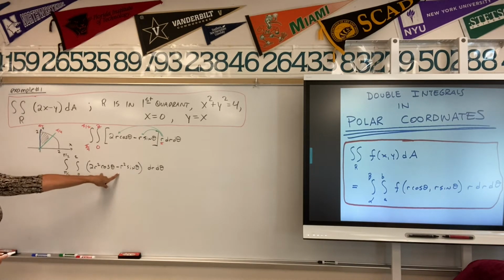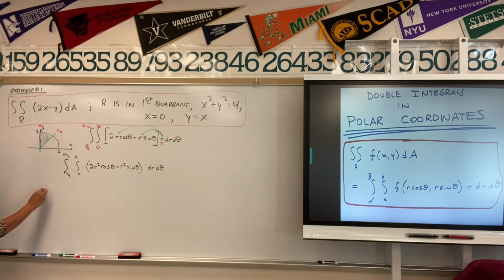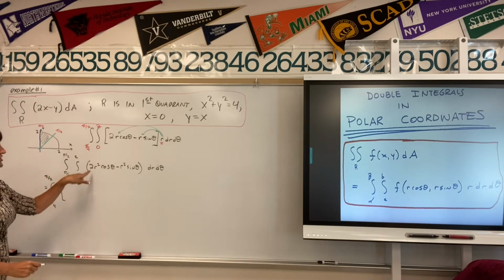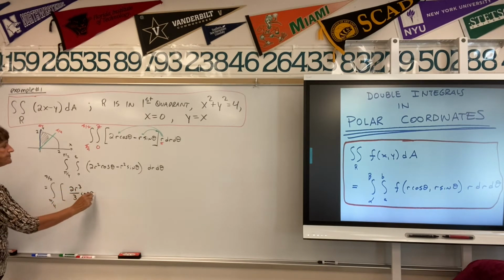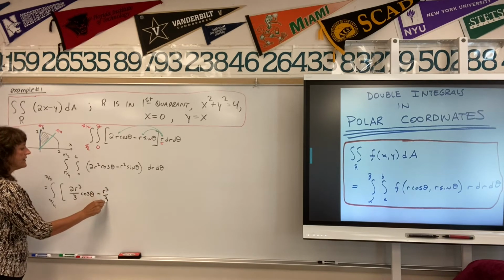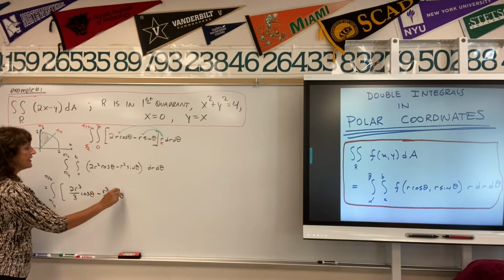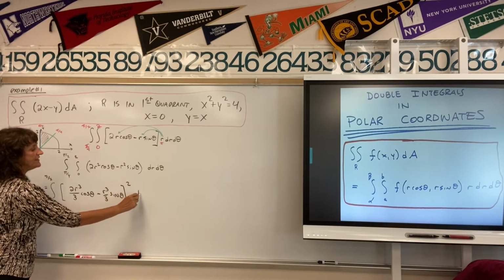Let's go ahead now. We integrate with respect to r first. Work from the inside to the outside. The outer bounds are going to be pi over 4 to pi over 2. Integrate r squared, and you're going to get 2r cubed over 3 cosine theta minus r cubed over 3 sine theta. We want to evaluate this from 0 to 2, d theta.